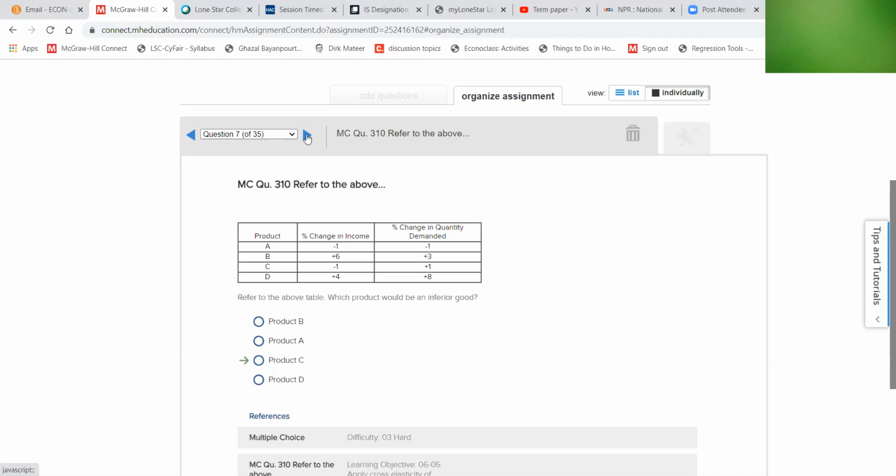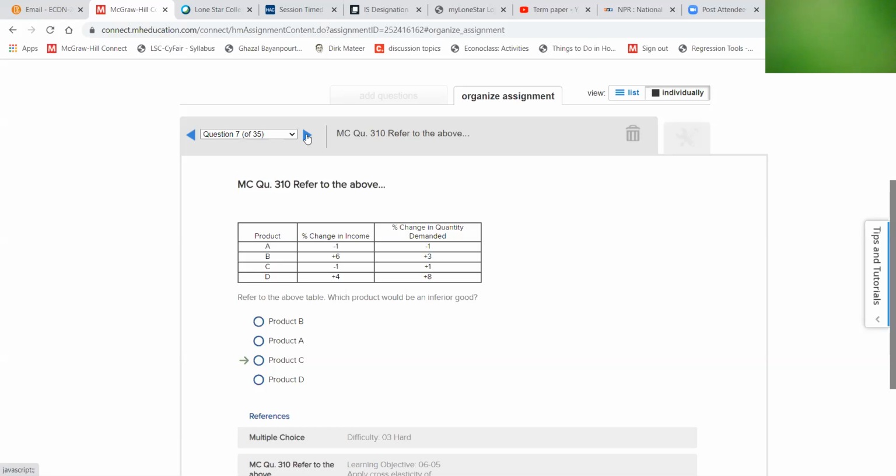This question also goes back to the income elasticity, because you have in one column the percentage change in quantity demanded, and in the other column the percentage change in income. So let's start with product A. You have -1 for percentage change in quantity at the top of the ratio divided by -1, which is the percentage change in income. So negative divided by negative is positive. So product A is normal. The question, however, is asking which product is inferior, so A is not inferior. For B, you have +3 divided by +6.